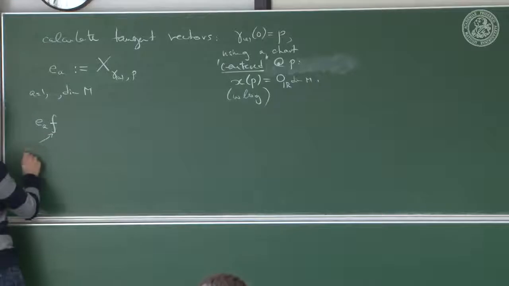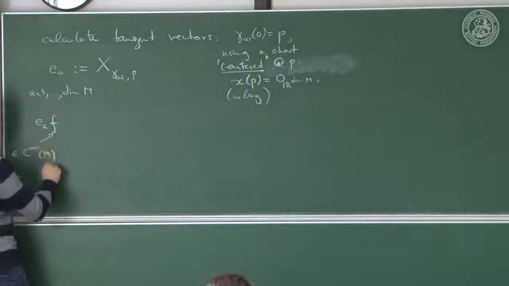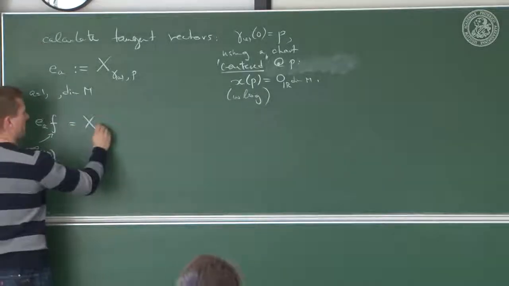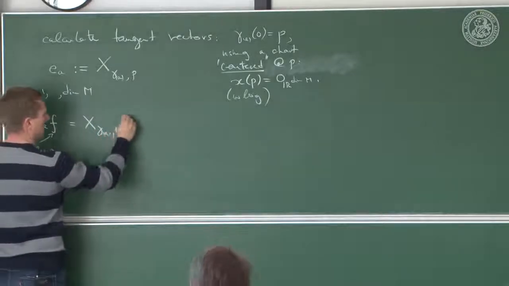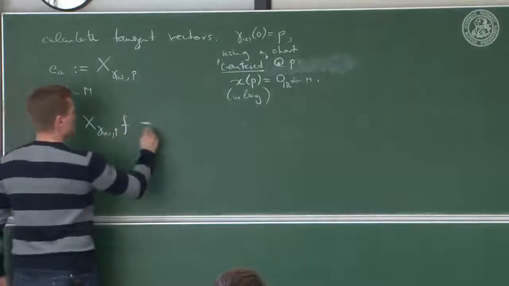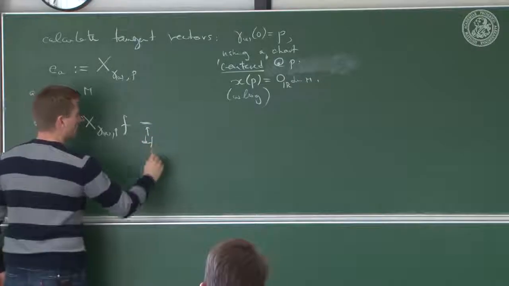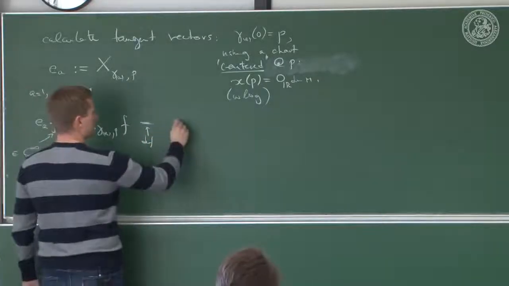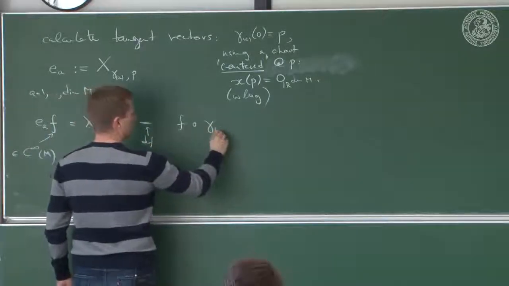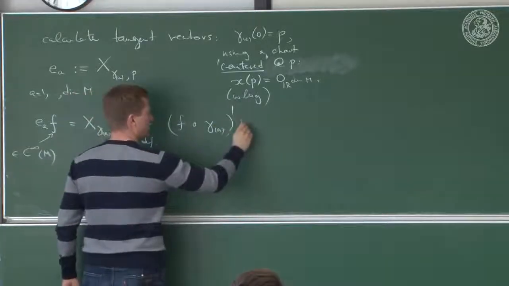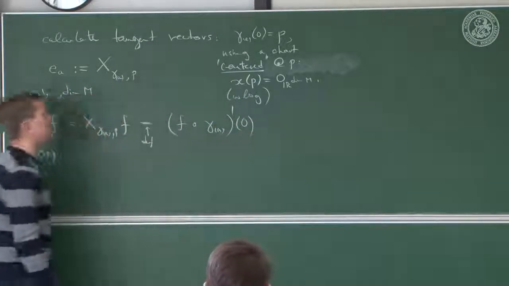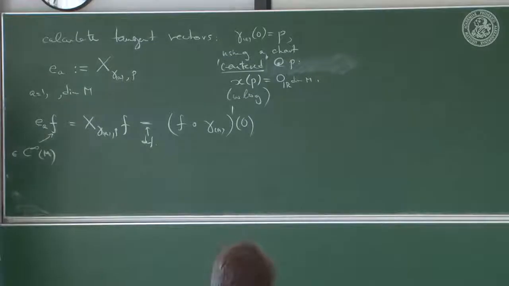So f is a smooth function, of course. How does it do that? Well, it does so by X_{gamma_A,P} acting on f. Now this is by definition of the tangent vector. This is the derivative of f after gamma A at position 0. Right? This is this guy.